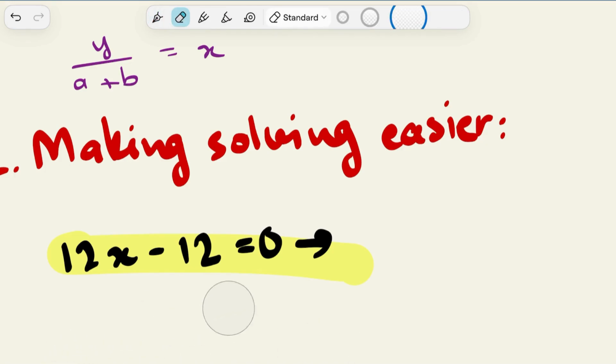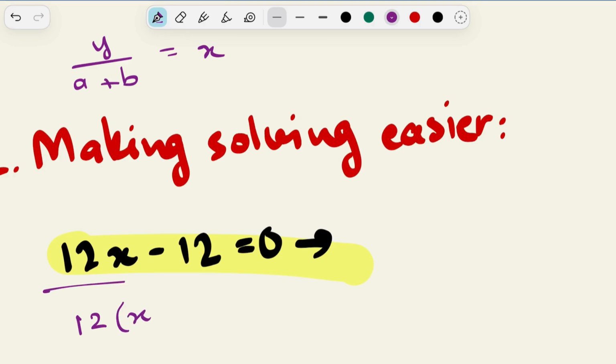You can basically do this in your head as well. So we've got 12, and then in brackets we've got x because 12 times x makes 12x, and then we have minus 1 because 12 times minus 1 makes minus 12, and that is equal to 0. Very simple from here, because x minus 1 is equal to 0 after dividing by 12.